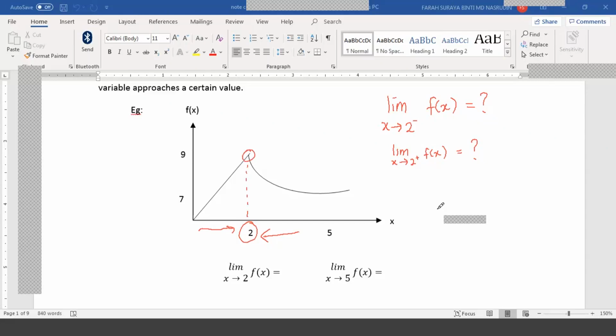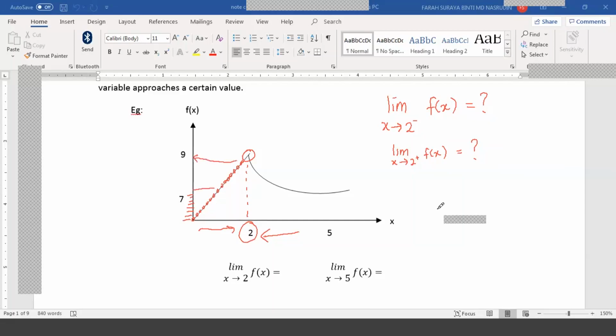Okay, nilai 2 kalau dalam graf dekat situ yang saya bulatkan. So, bila kita nak approach 2 from left, so kita datang daripada kosong and then kita datang dekat dengan 2. Awak tengok, perjalanan kita ni dah menghampiri 2. So, bila nilai X menghampiri 2, function dia awak tengok daripada sini, mula-mula dari kosong, lepas tu 1, 2, 3, 4, 5, 6, 7. Okay, dia semakin atas kan ni? Semakin atas. So, 8.